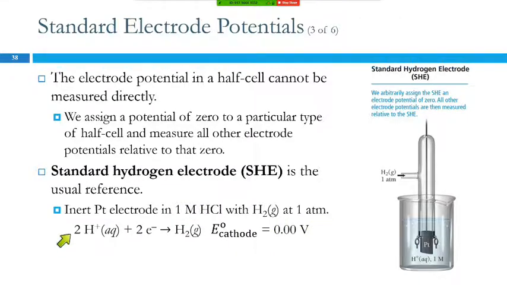The reaction that's happening here is 2 hydrogen ions gain 2 electrons and form 1 hydrogen molecule. Reduction is gain. This is a reduction reaction, so this is going to be happening at the cathode, and we arbitrarily assign that to be 0. We're going to measure everything relative to that.